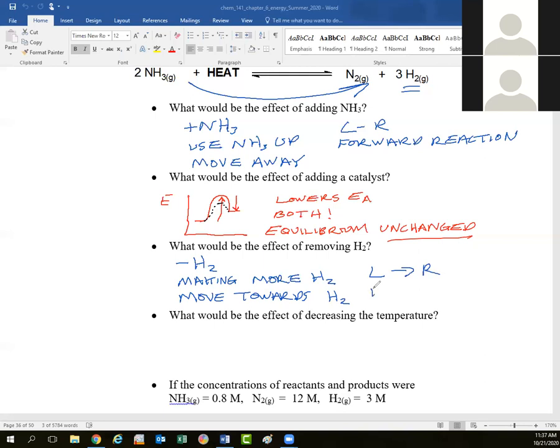We're favouring the forward reaction once more. When a chemical is removed, move equilibrium towards that chemical. And you can see from that movement, left to right is the forward reaction, which is actually being favoured.